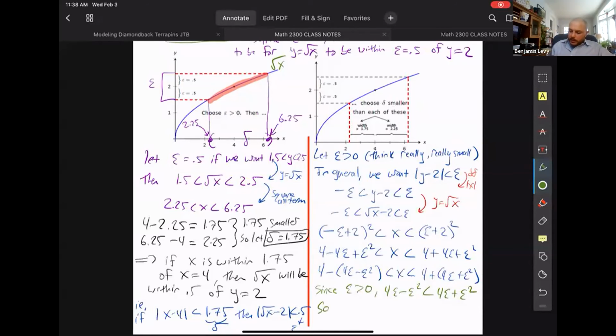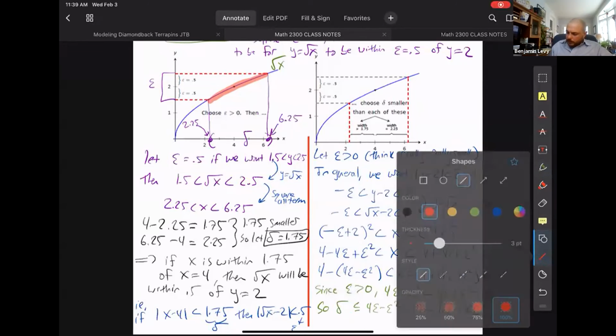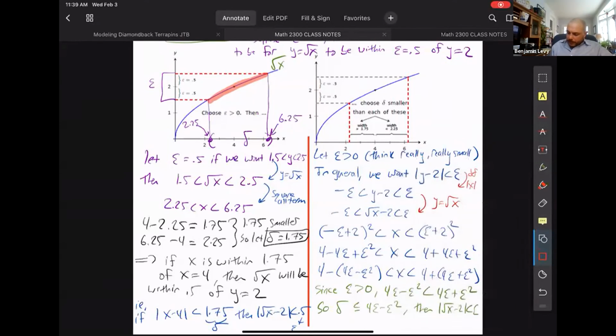And so that means delta has to be less than that expression. If that happens, then we will be within epsilon of the limit. This is the takeaway, so I'm going to box it in a little bit.